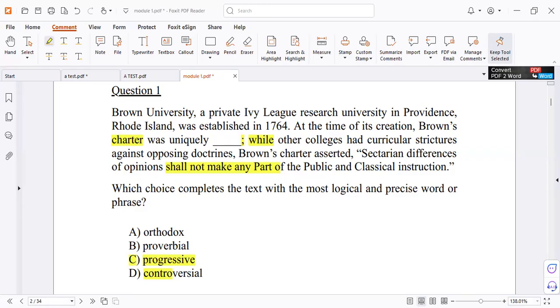But if the charter is orthodox, it means it's not broad-minded. They don't mention that. Orthodox means narrow-minded, someone who follows the rules only. We don't describe that, but we said it's progressive. That's great.